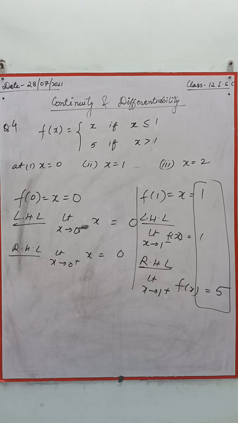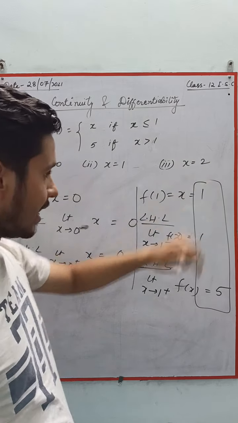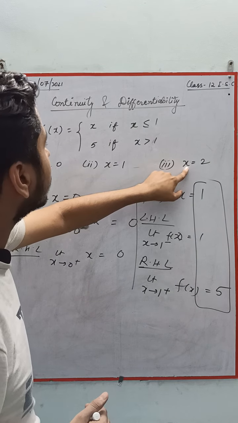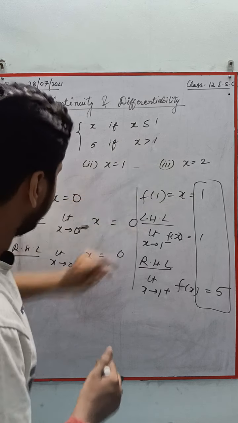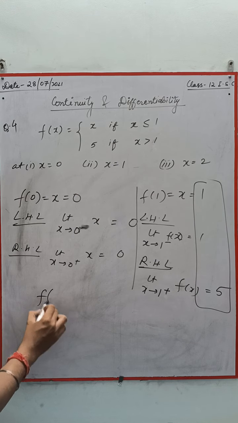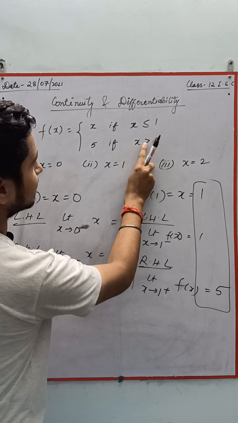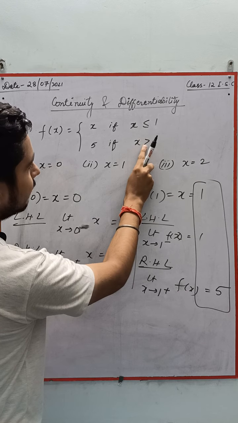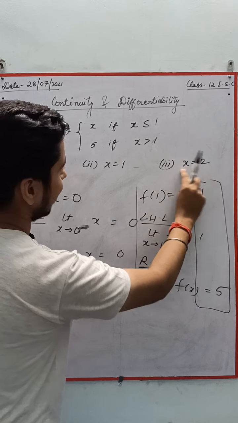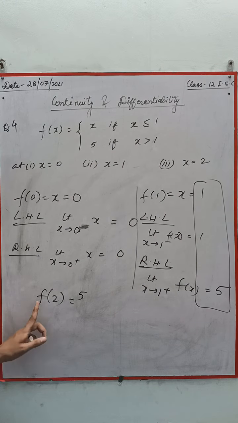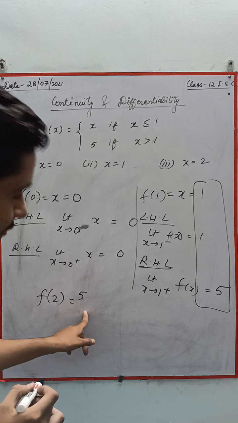I hope the things are getting clear to you. Now let's check for x is equal to 2. For x is equal to 2, x is greater than 1, so this inequality is satisfied. So f(2) is equal to 5.